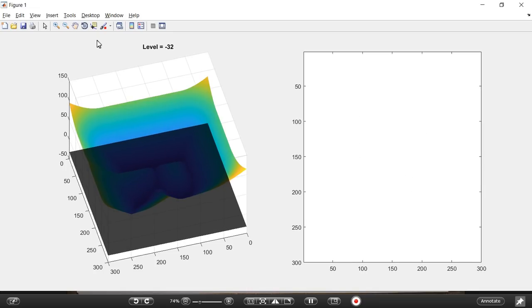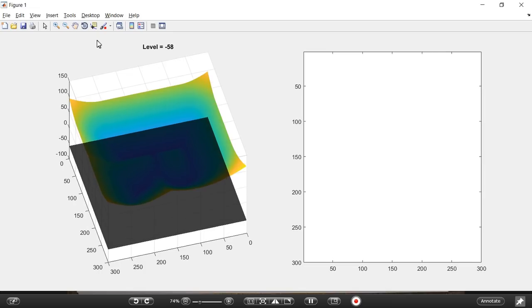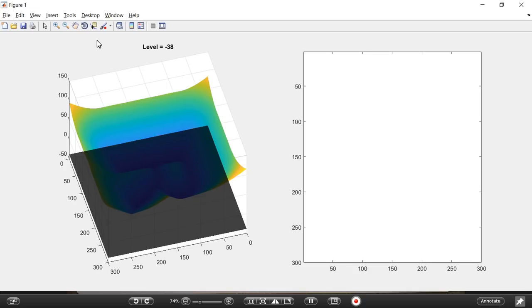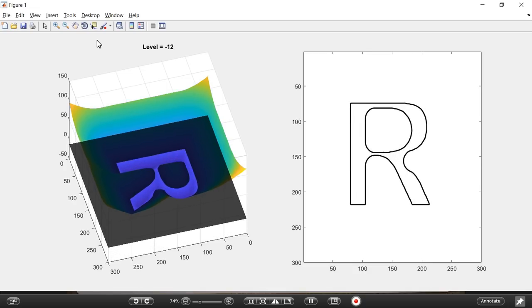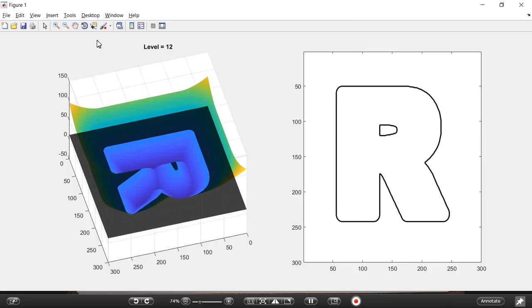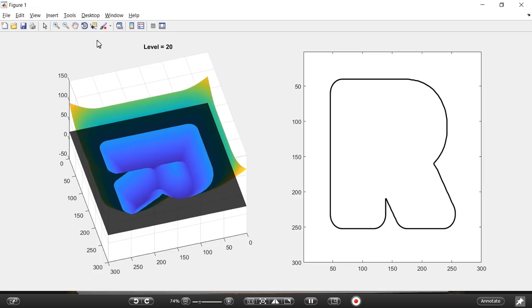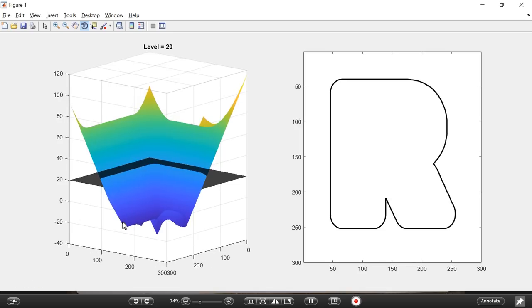So this is the idea, that this one function basically encapsulates the shape of the R with a single function of x and y, which is pretty slick. And so the idea is that instead of evolving this complicated R contour, I'm going to evolve the colored function here and look at the cross-section of it at z equals 0 over time, right? So that's the idea.